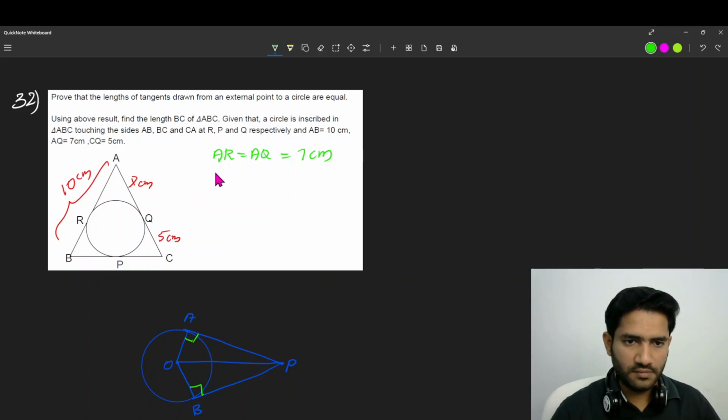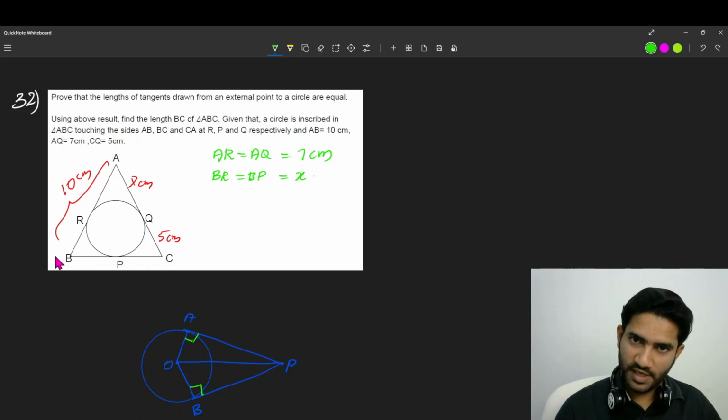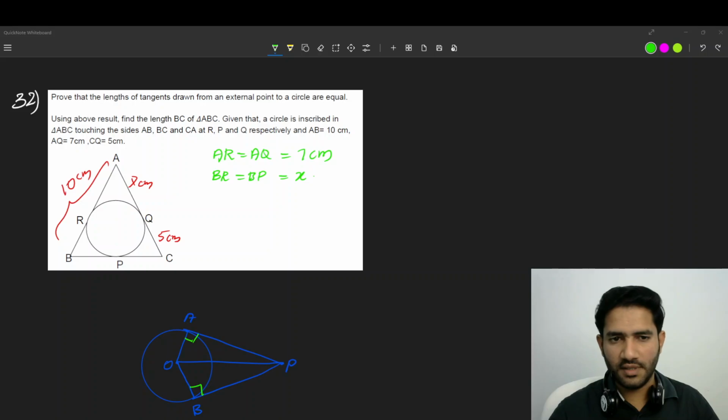And BR equals BP, which we can find because AB is given and we found AR.